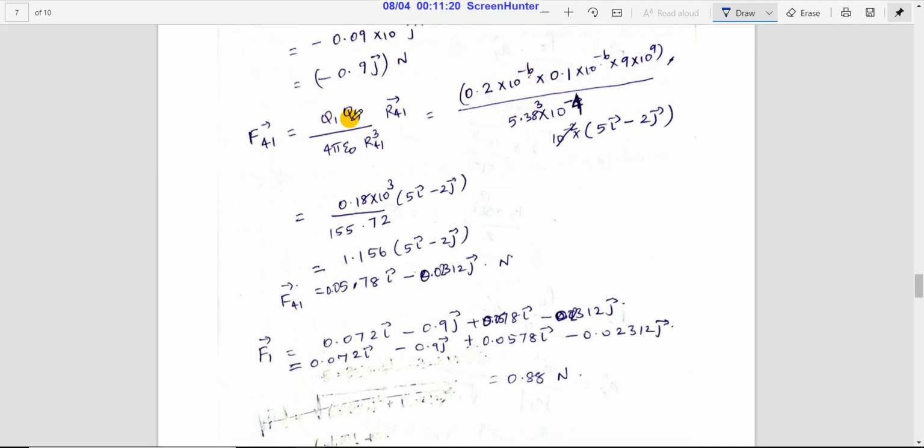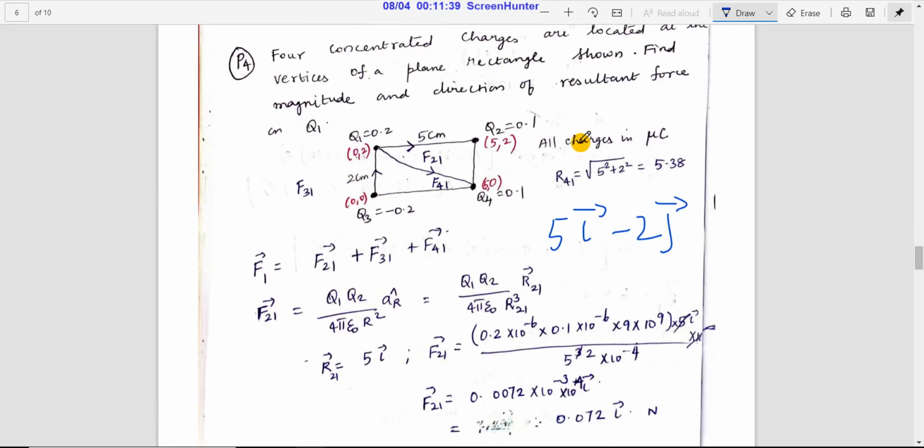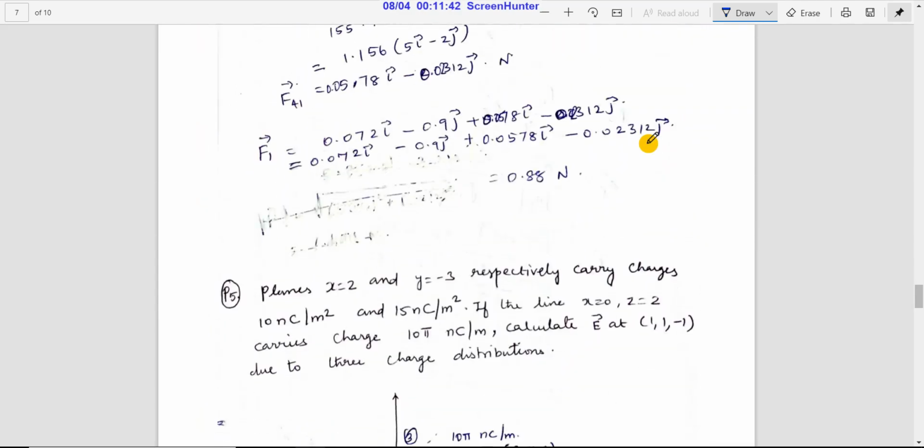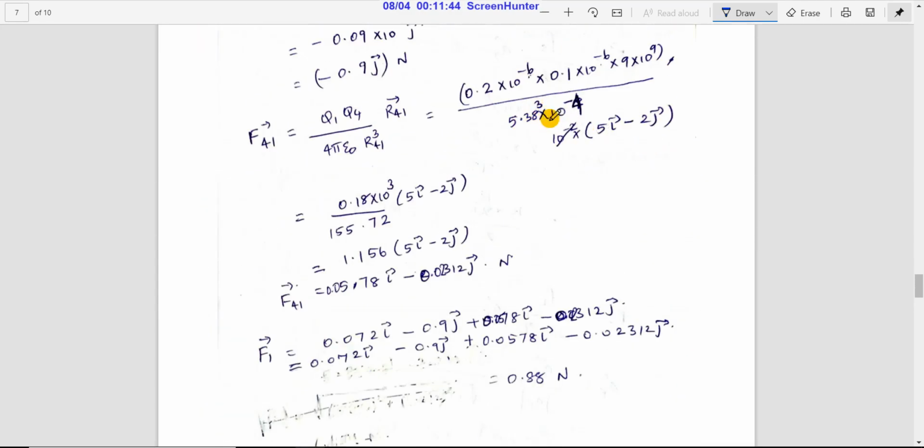So Q1 is 0.2 into 10 power minus 6, Q4 is 0.1 into 10 power minus 6, 1 divided by 4 pi epsilon naught is 9 into 10 power 9, divided by this particular thing. If you just calculate this value, it is already calculated as 5.38. So 5.38 cube into 10 power minus 4 into 5 i vector minus 2 j vector.